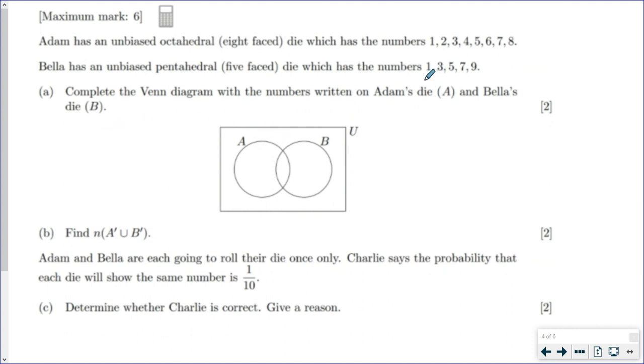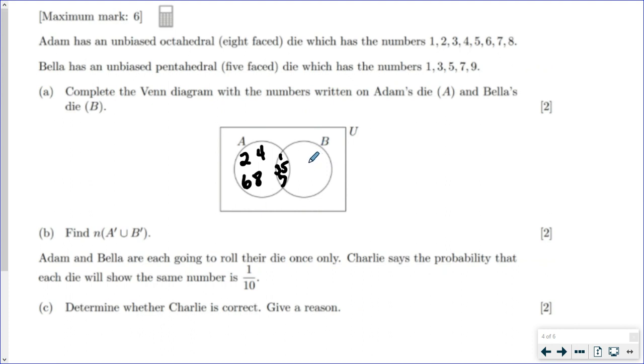All right. So, of course, they share 1, 3, 5, and 7. So those go here. I don't know how they expect all of these to be in here. 1, 3, 5, and 7 would all go in the overlapping area. All right. And then, of course, 2, 4, 6, and 8 would go here.